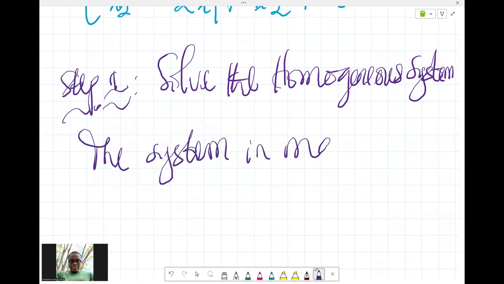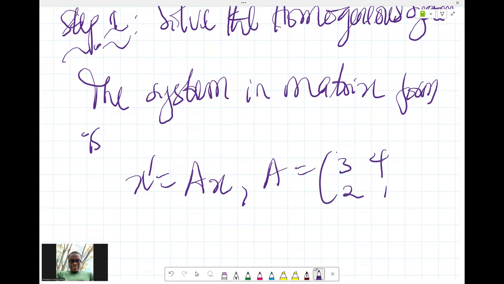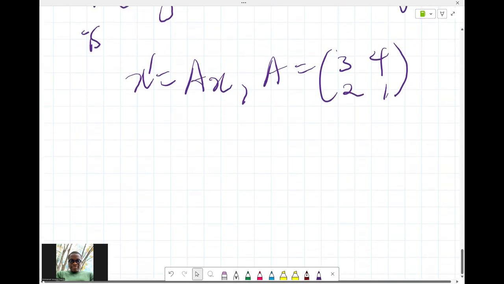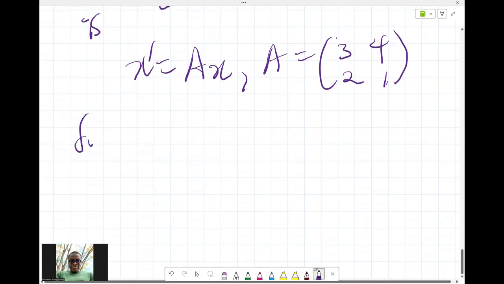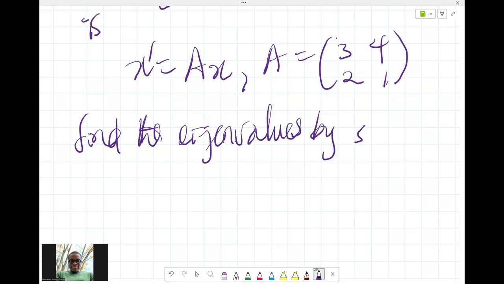The non-homogeneous system in matrix form is x prime equals Ax, and we have A to be 3, 4, 2, 1. Okay, so we have to find the eigenvalues.